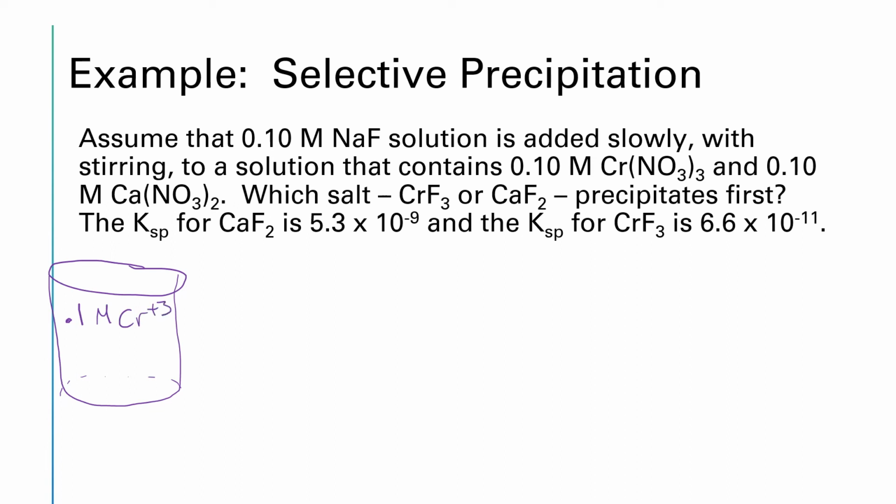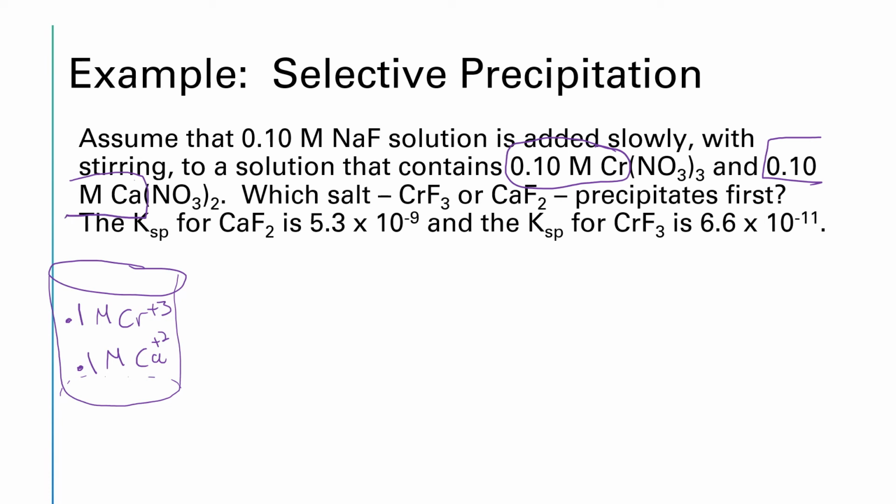That is coming from our chromium nitrate. The nitrate's a spectator ion. It's just there to give us a nice soluble source of chromium ions. And this beaker is also 0.1 molar in calcium ions. That's coming from the 0.1 molar calcium nitrate. Again, the nitrate just makes the calcium very, very soluble.